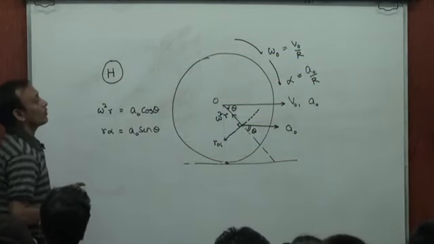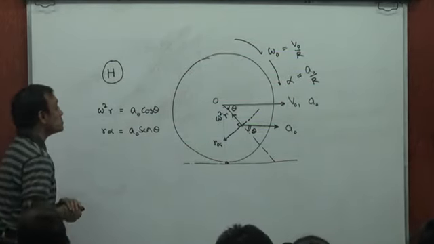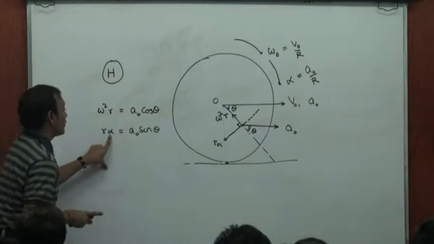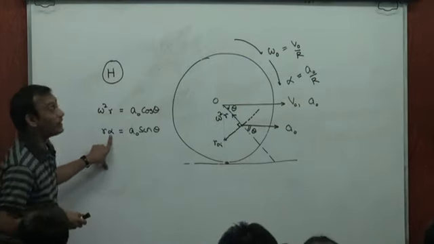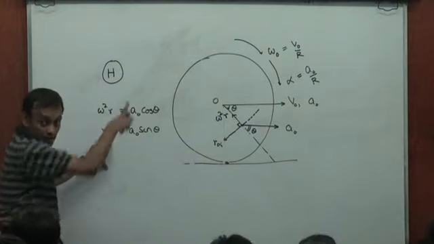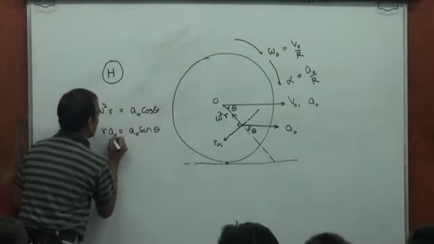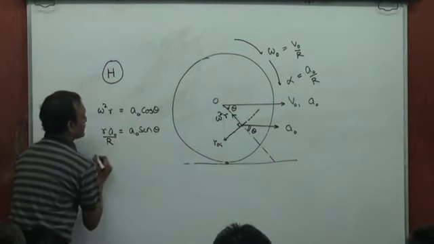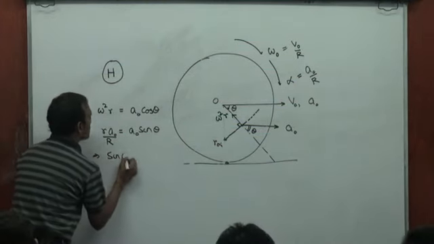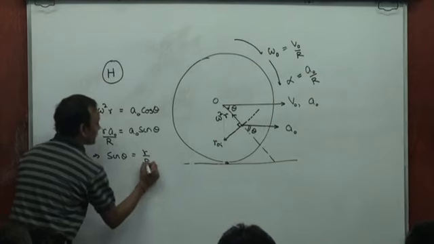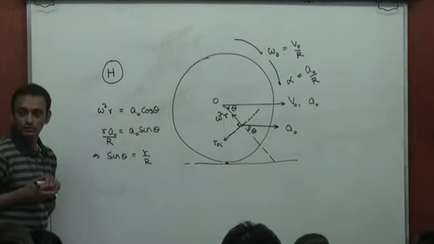Right? Now, alpha is a naught by capital R. So, this alpha you can write as a naught by capital R, and that leads you to sin theta equal to small r by capital R. Right?